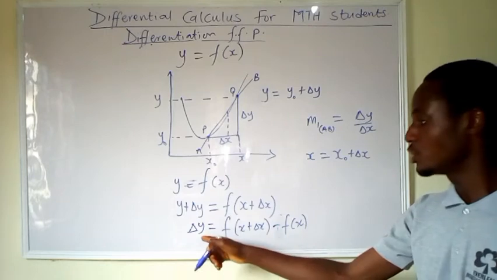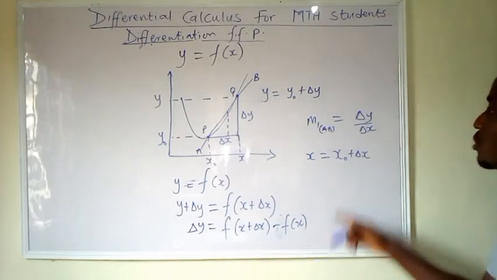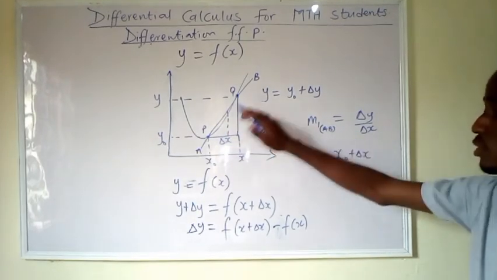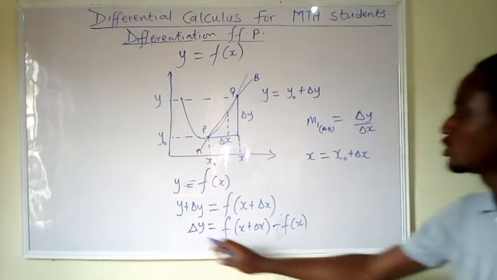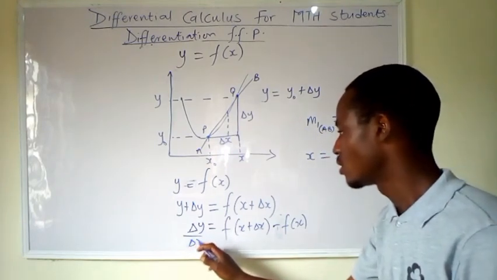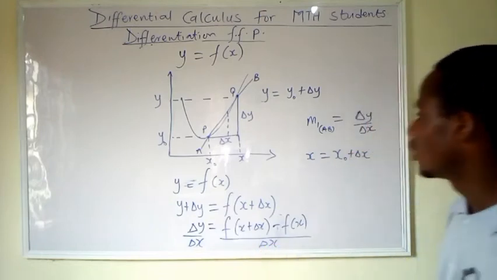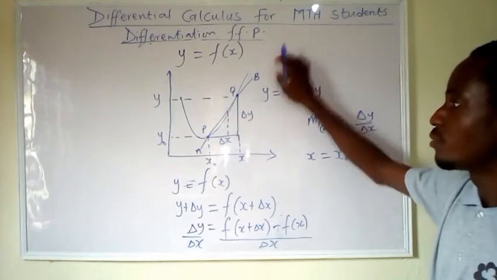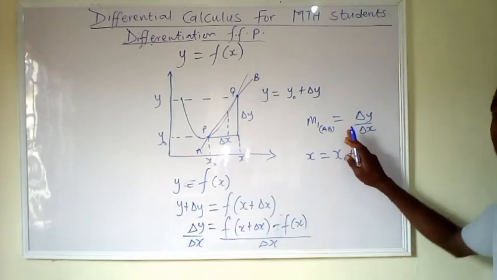Which implies that change in y equals f(x plus change in x) minus f(x). Considering the gradient now, like I've said, the gradient m1 of the secant AB, from point P to Q, will be given by change in y over change in x, according to what we have here.